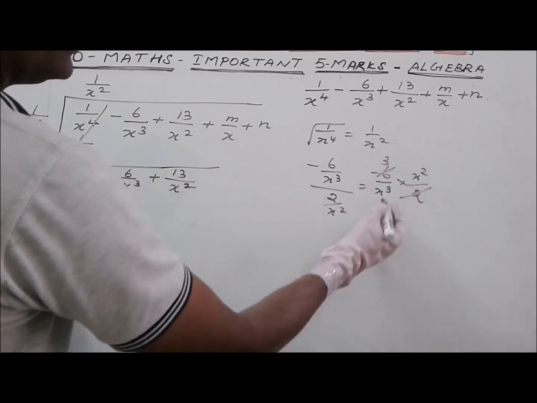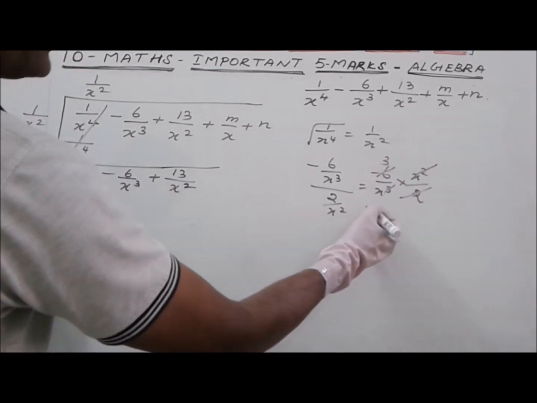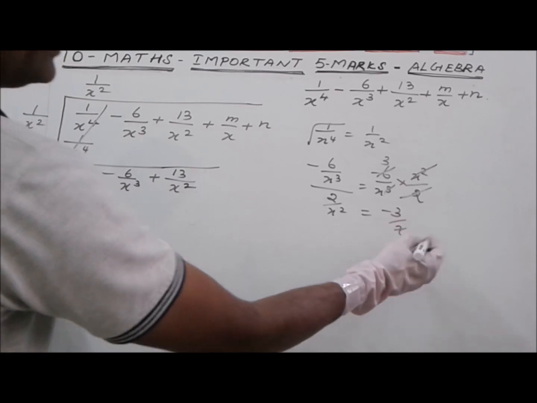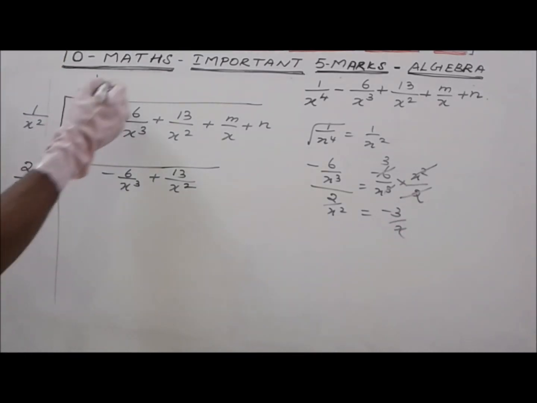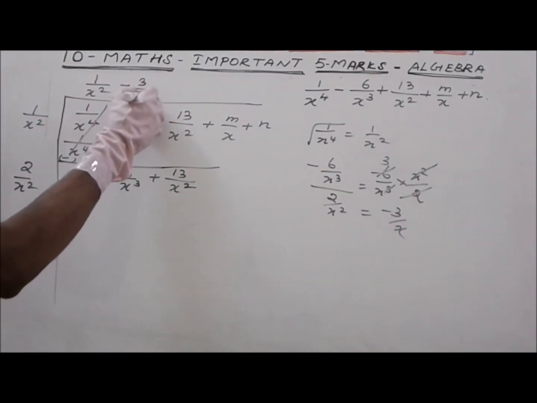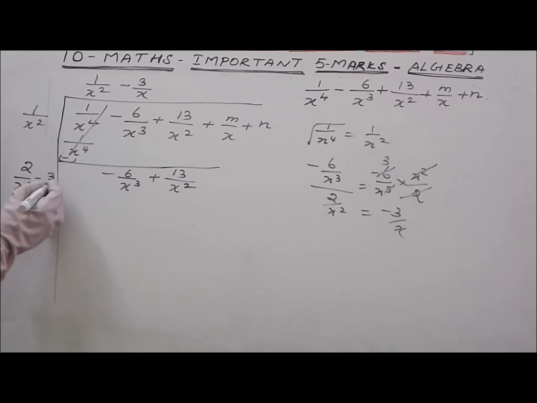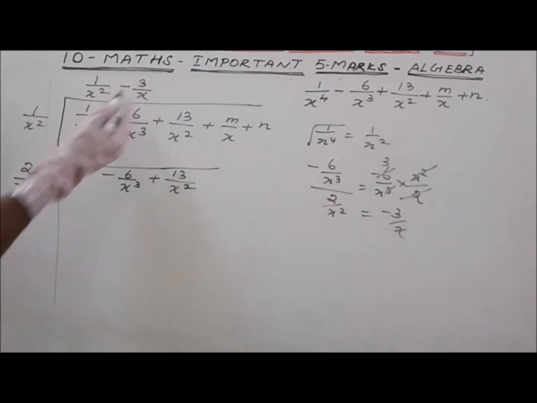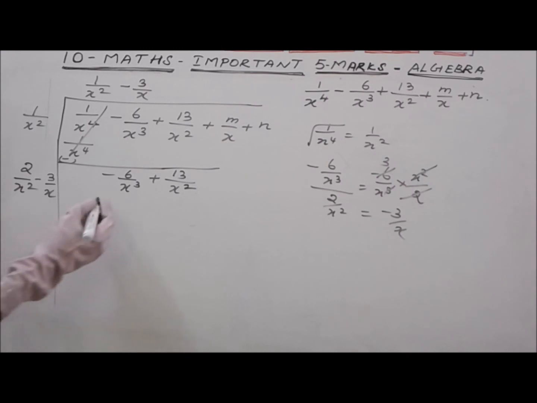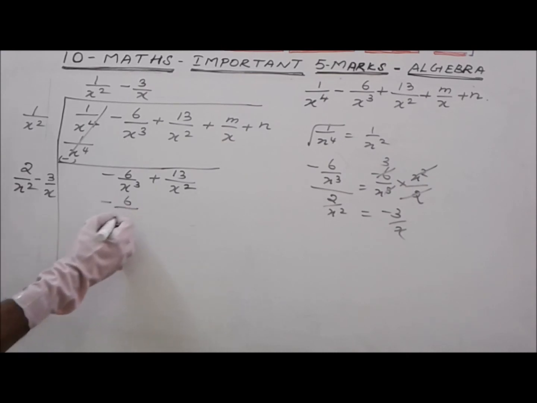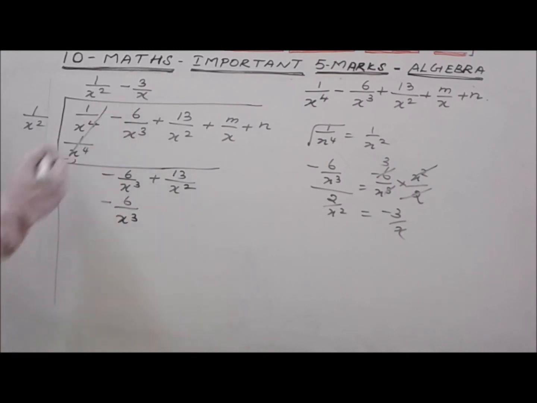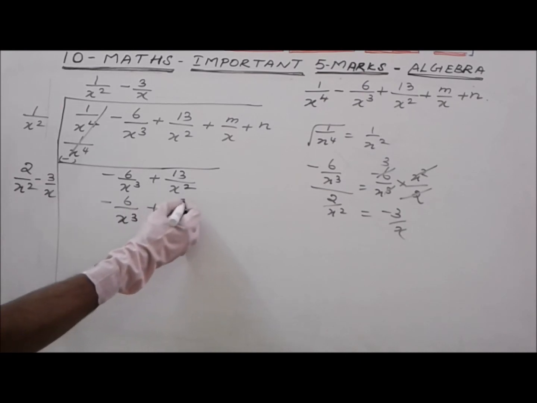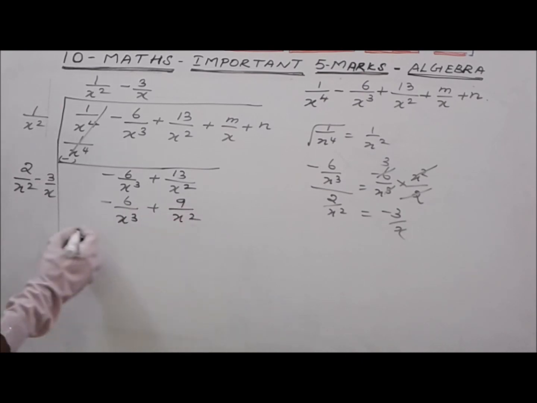Cancelling, we get minus 3 by x. So adding minus 3 by x here and here, and multiplying minus 3 by x with these two terms, we get minus 6 by x cube, and minus into minus, plus 9 by x square.